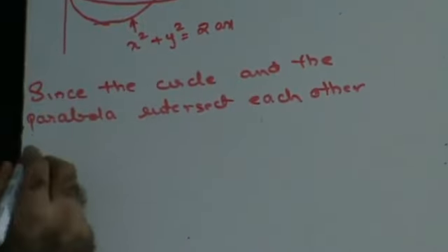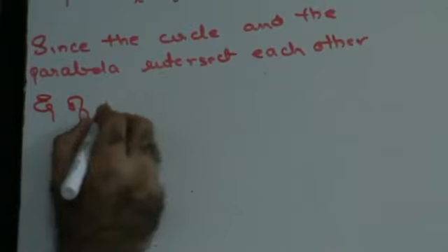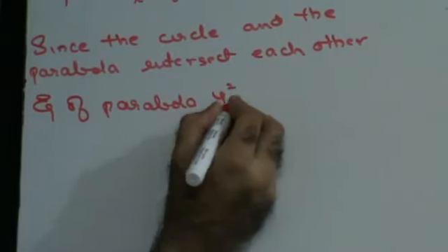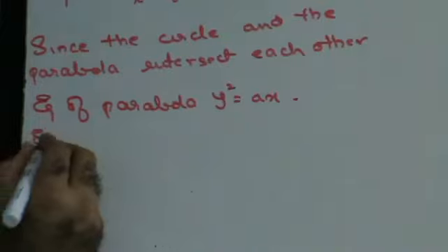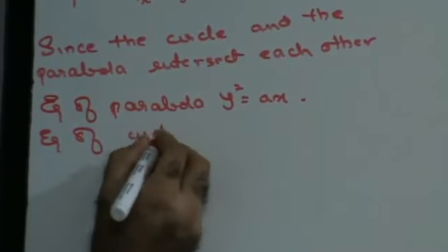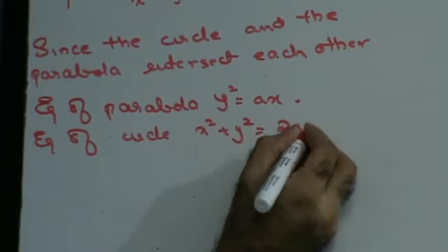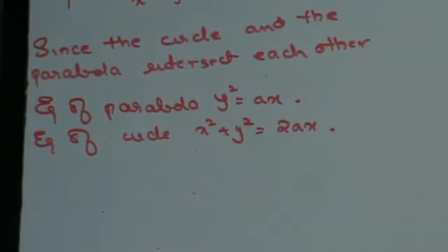Equation of parabola is y square is equal to ax. Equation of circle is x square plus y square is equal to 2ax. Now I can substitute the value of y square from the equation of parabola into the equation of circle.